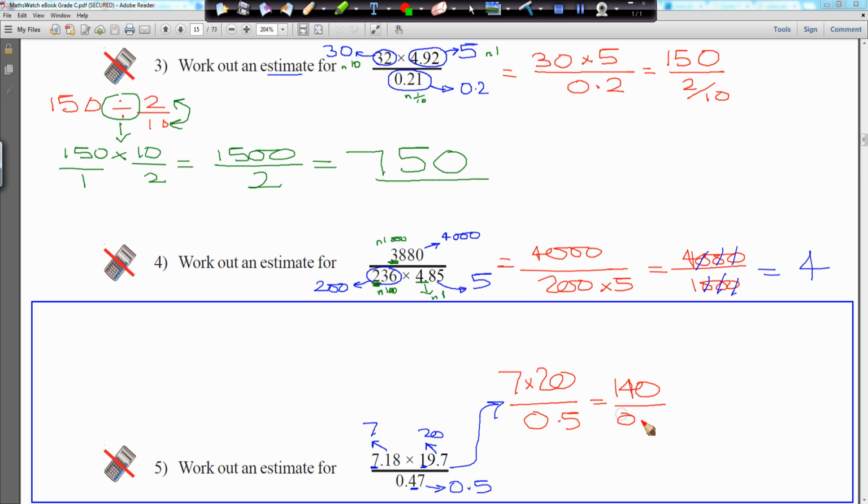When we divide by a half, let's think about this again, as we explained earlier. You have 140 cakes, you divide them into half pieces. How many pieces will you have? You will now have 280 pieces, which is double what you started with, because if you divide each cake into halves, you have 2 pieces each. 140 cakes gives you 280 pieces.